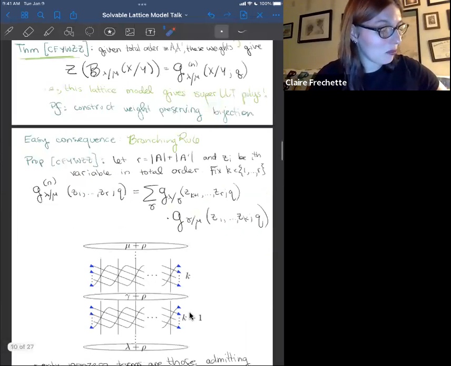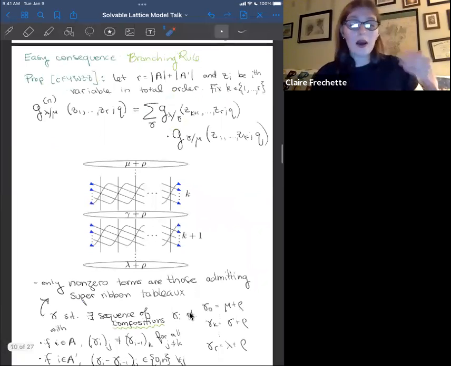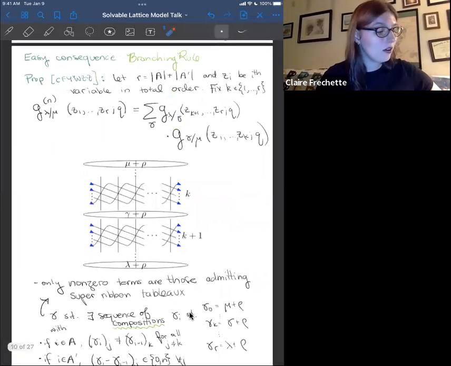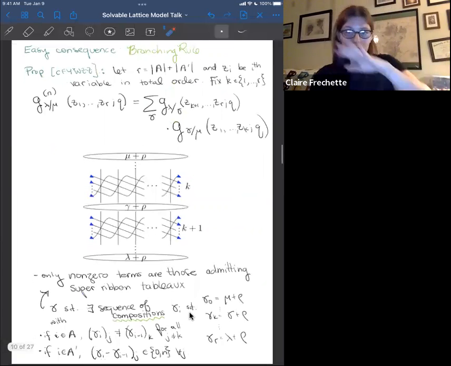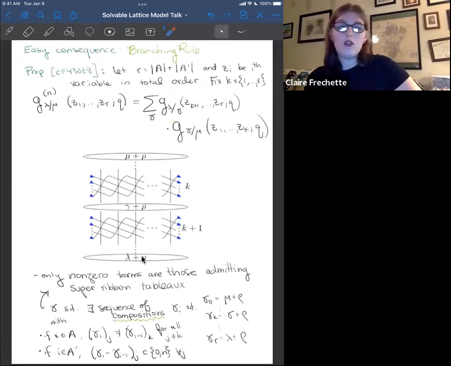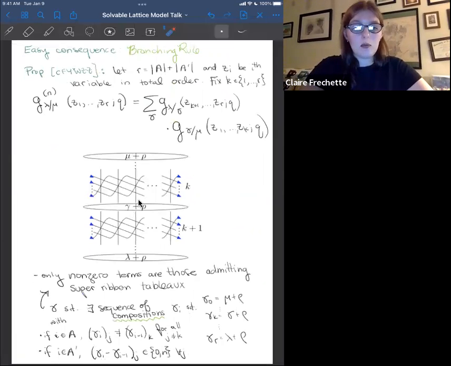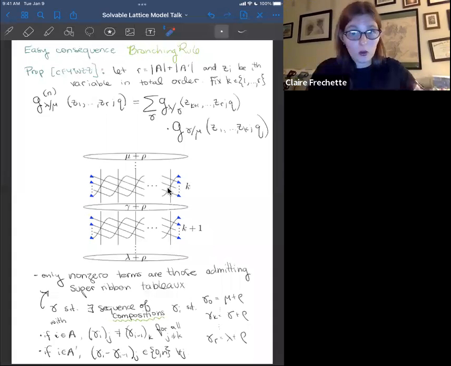But we can get a branching rule fairly simply by choosing a place to cut our lattice model in half horizontally. We choose some space in between rows k and k plus 1. And we in fact see that the boundary conditions on the top half of that still correspond to a superLLT polynomial in fewer of our parameters.